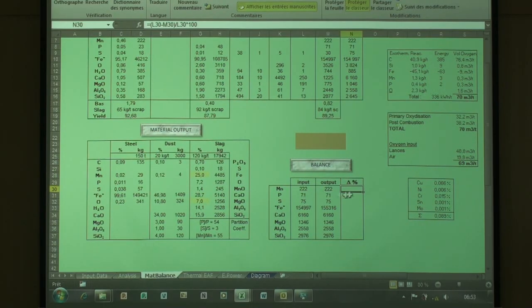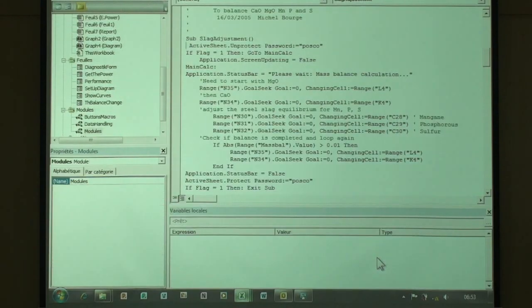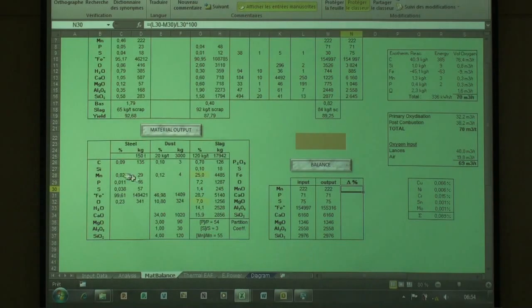Okay, and my goal seek is to put this value to 0, by changing, you know, the function goal seek. My goal is 0 for this N30, and I change the cell C28, which is the manganese in the steel. This is clear to you, yeah?